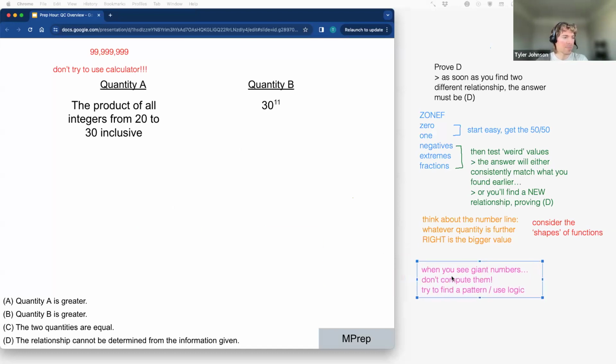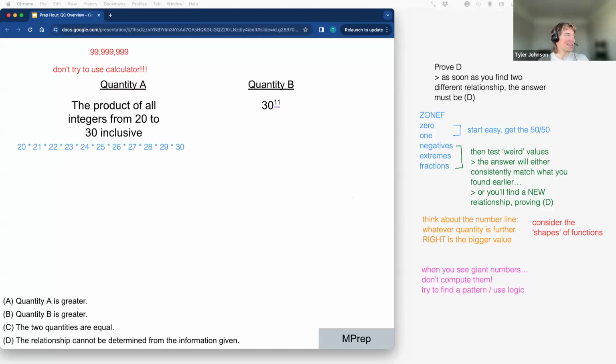And what's going to help you out here is just to think about what quantity A and quantity B look like if you expanded them out into mathematical notation. So quantity A, I've got these 11 numbers multiplied together. And that number 11 is going to be important. You might have seen the 11 powers of 30 there and questioned why 11.